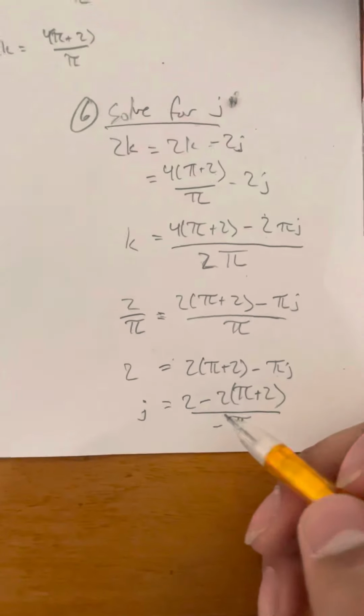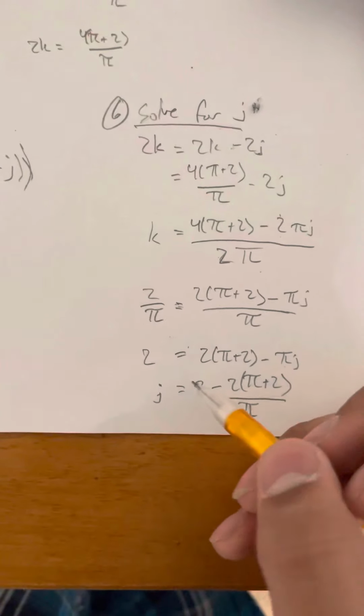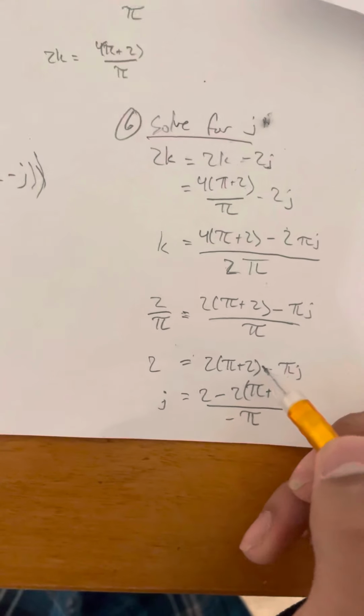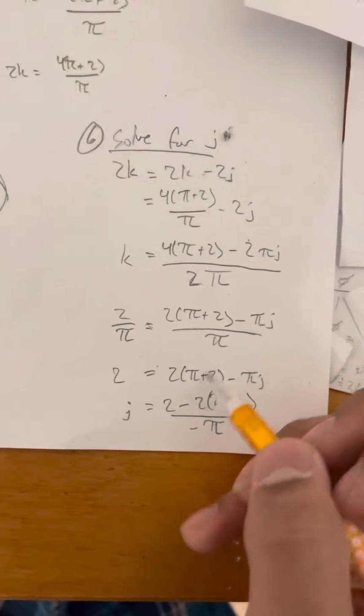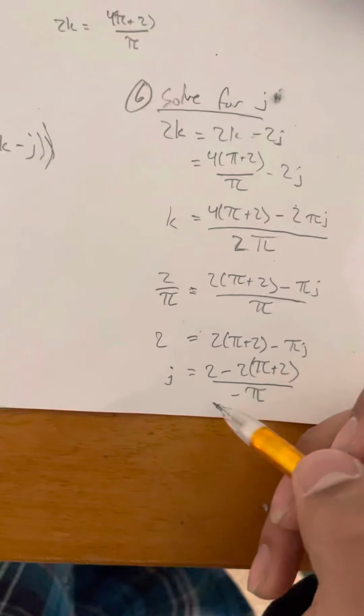Essentially what we did here, we just subtracted both sides by 2 pi plus 2, giving us 2 minus 2 pi over 2, but we had a negative pi still connected to our j, so we divided both sides by negative pi as well.